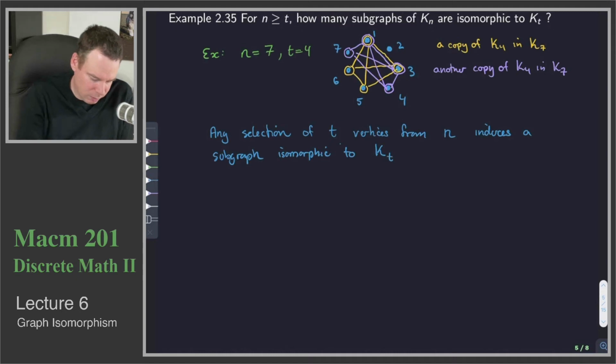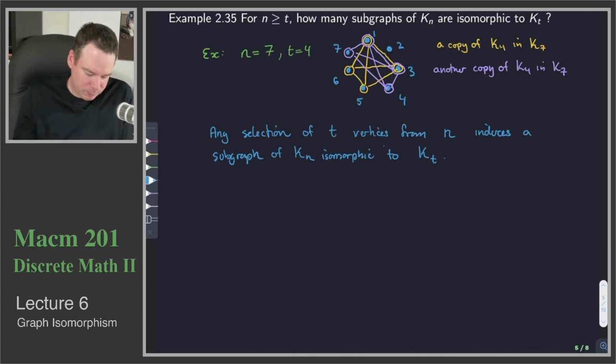And maybe I'll be a little bit more specific: it induces a subgraph of Kn isomorphic to Kt.